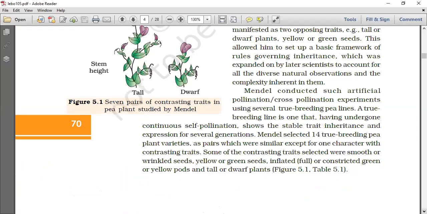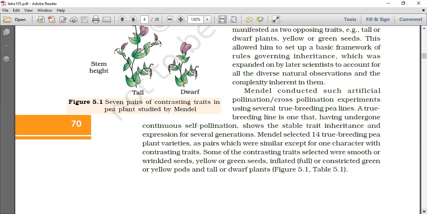In that way, Mendel selected 14 true breeding pea plant varieties as pairs, 7 pairs of characters, which are similar except for one character with contrasting traits.